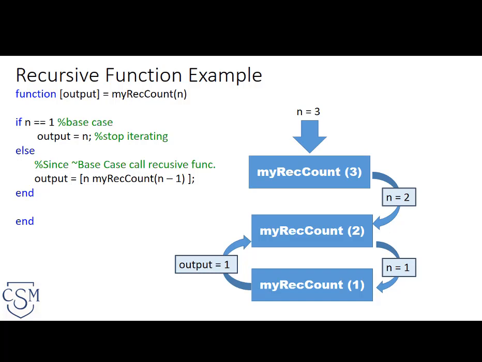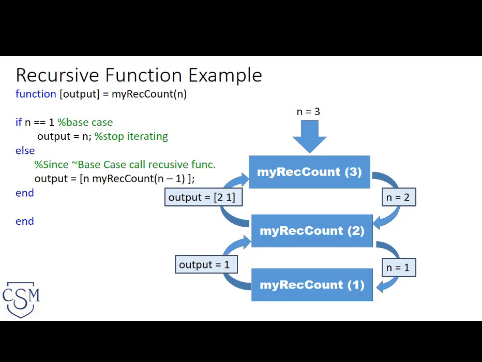So this is the first time, in this recursive function call, that we've gone through an entire function. All the other functions, my recursive count 3 and my recursive count 2, would be on pause. They aren't finished executing yet. But now we'll pass the 1 back up to my recursive count 2.